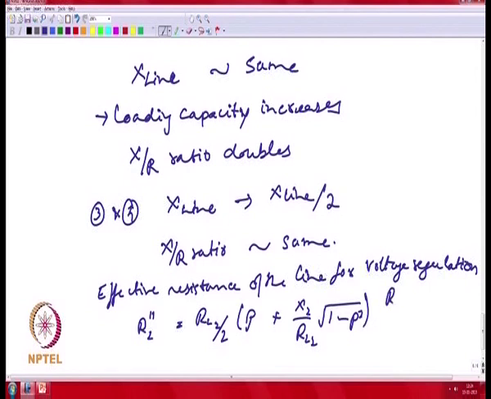So, if you look at your RL double prime, this is 3.19 ohms, whereas your original line was 4.81 ohms. So, because you now have just paralleled the conductors, it does not halve, but it falls by some percentage, but does not exactly halve.